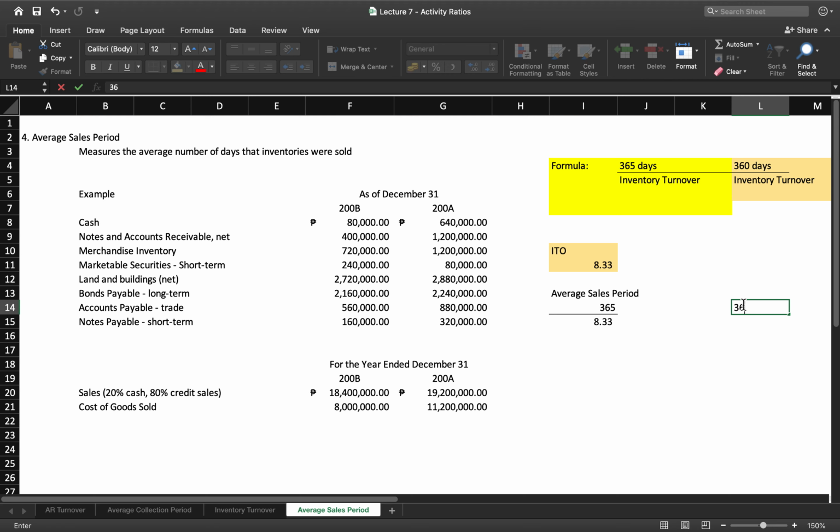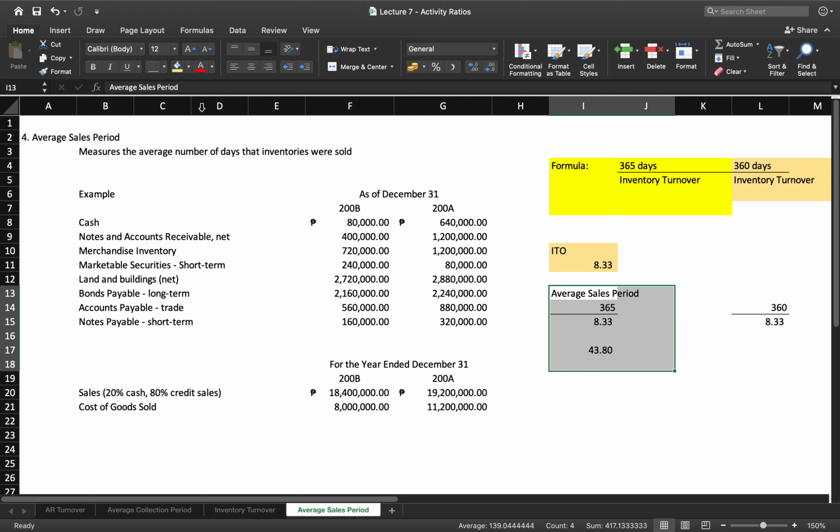Okay, na-use natin si 360 days, divided by 8.33 pa rin. So, days lang yung nababago. So, let's solve. 365 days divided by the inventory turnover, 8.33 times. So, 43.80 days ang ating average sales period. So, before natin mabenta ang inventory, it would take 43.80 days.